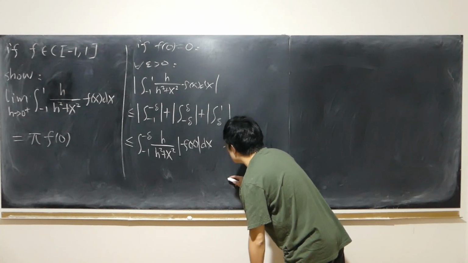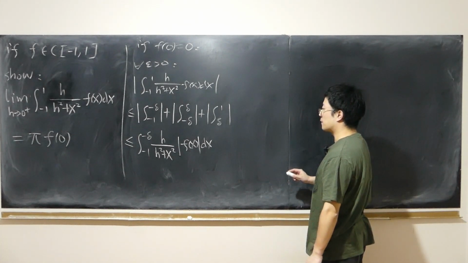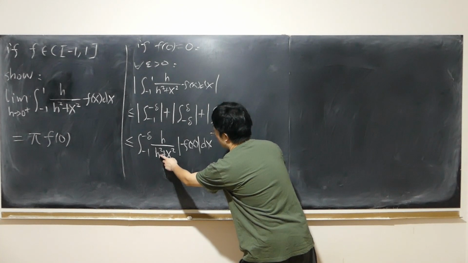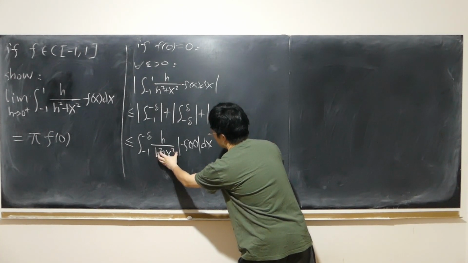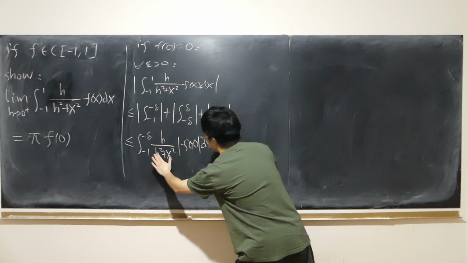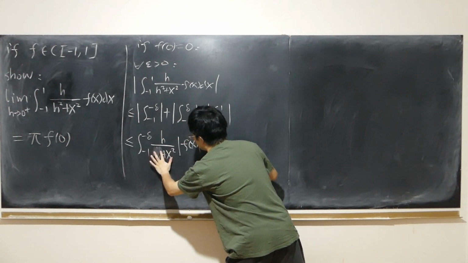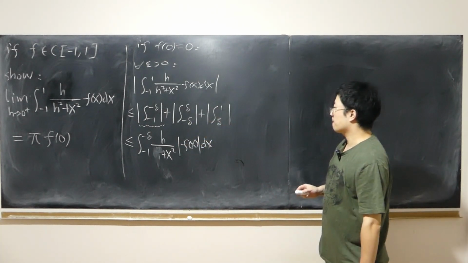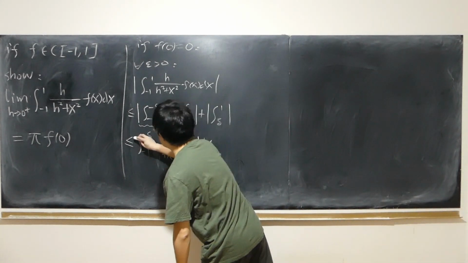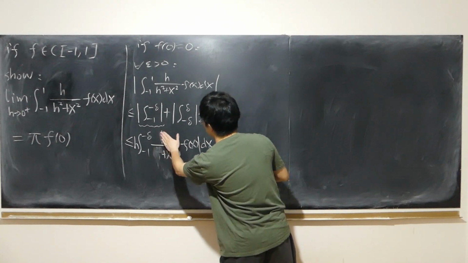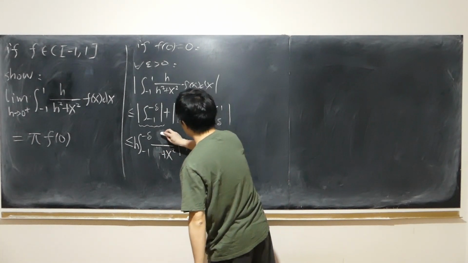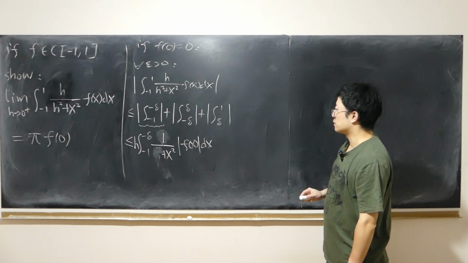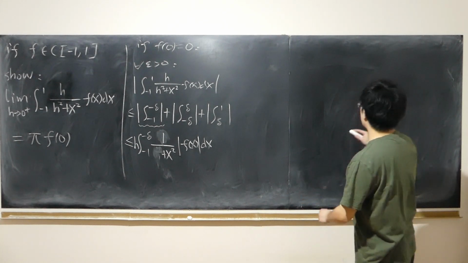And in this case, for f(x), maybe get rid of h squared, to make the denominator a little bit smaller, so the whole thing becomes bigger. Just this part, take out h. Of course, f(x) has to be bounded.